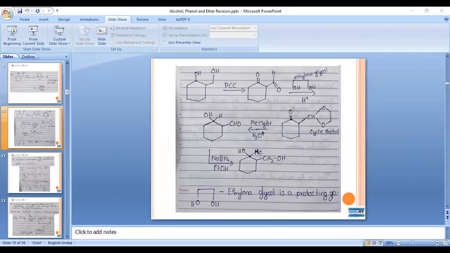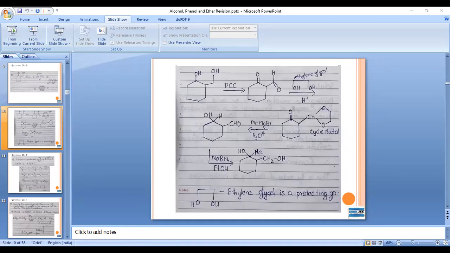Yes, Sneha? Ma'am, are those hydrogen and hydronium ions released out, or what is this? Hydronium, that is simply acid hydrolysis. Simple acid hydrolysis mechanism is followed.